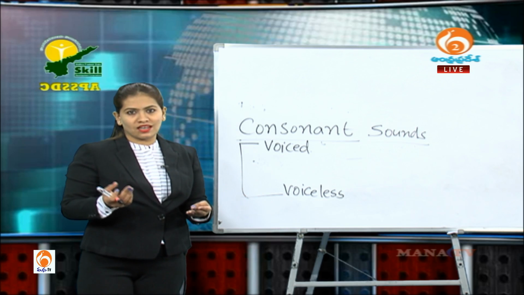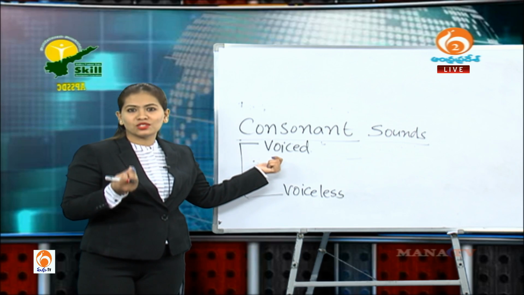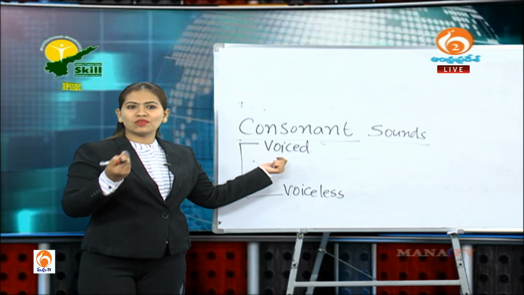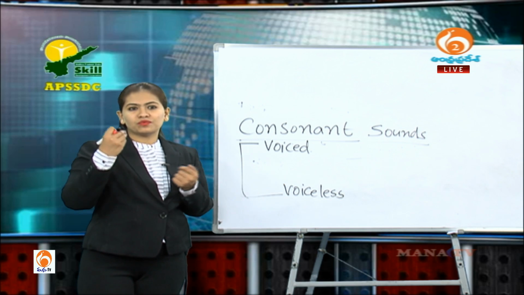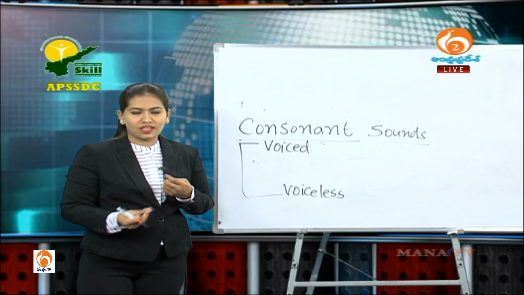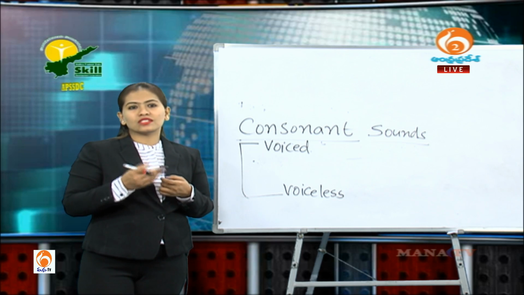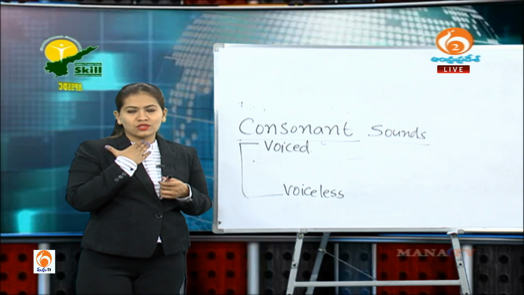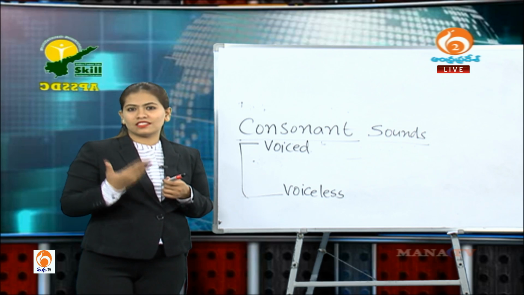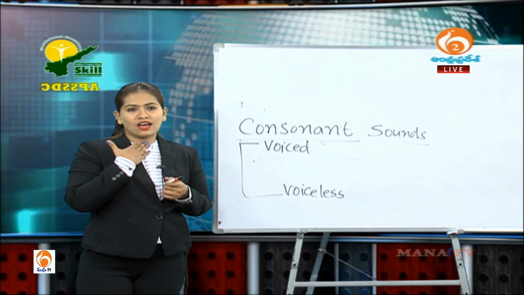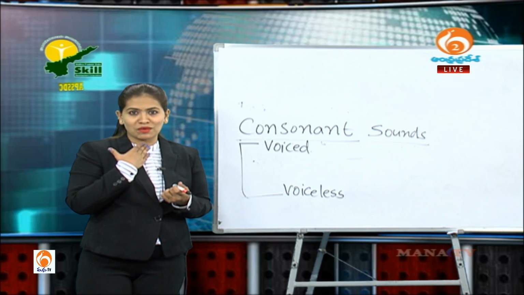Let me define the word voiced. When I say voiced, I mean when you enunciate this sound, you sense a vibration in your throat. When I say the sound P, I am not supposed to sense a vibration, because that's what the rule of enunciation says for the letter P. But when I say the sound B and I hold my hand on my throat, I sense a slight vibration.